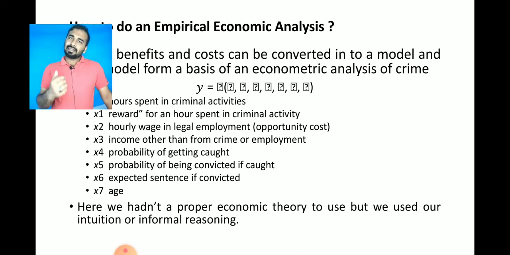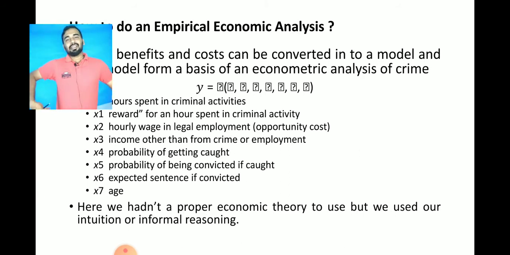Okay, then his age may be a factor. Yes. So these are all certain variables that we have intuitively derived in order to explain a phenomenon. This phenomenon is why some people are engaged in criminal activities.